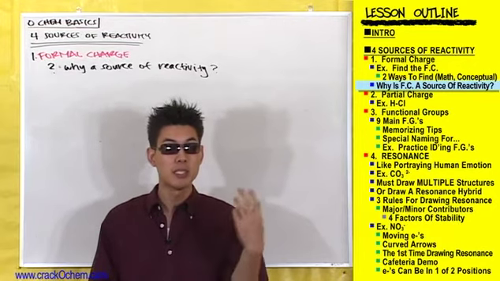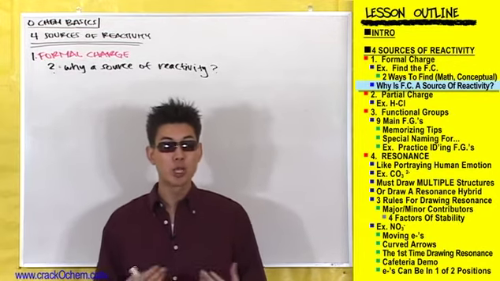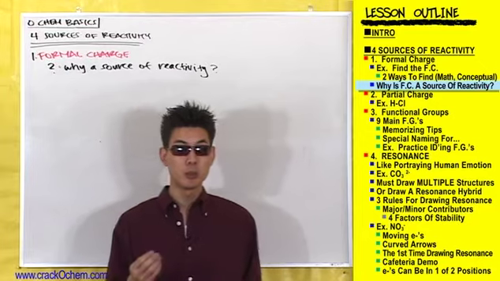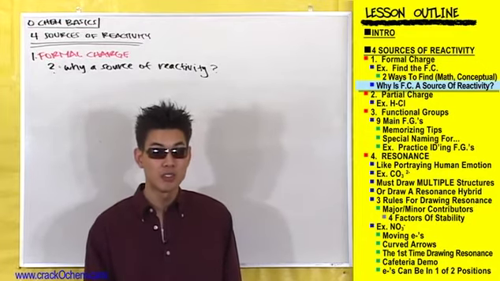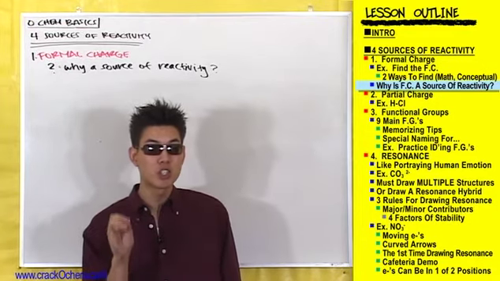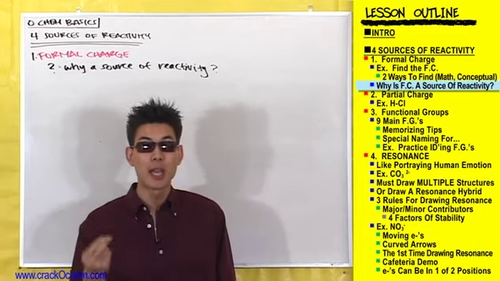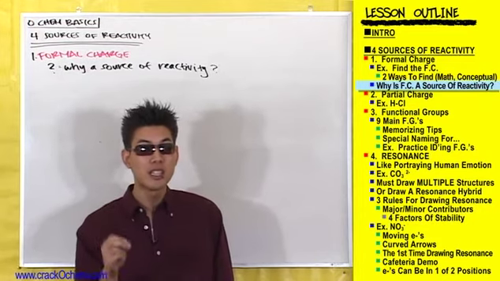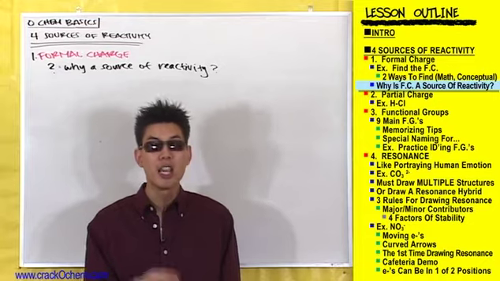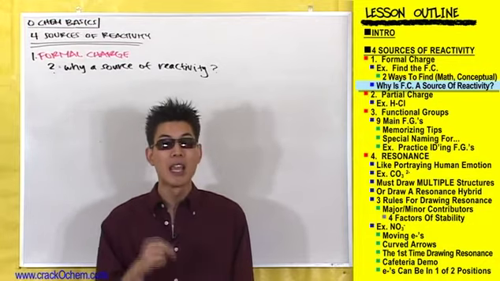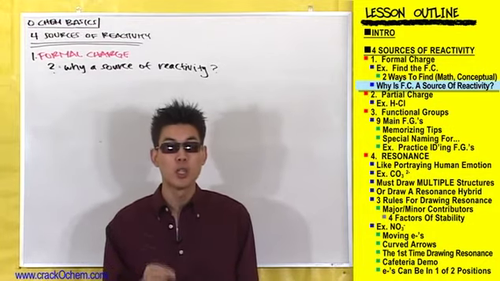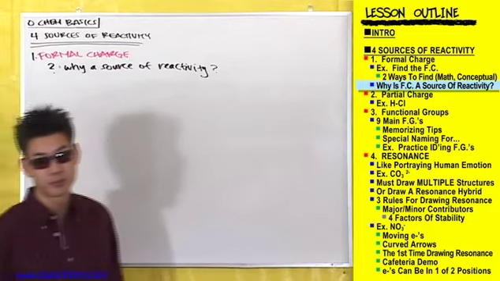All atoms want to be stable, right? A neutral atom is a stable atom, which also makes it low in energy and low reactivity. A positively or negatively charged atom is an unstable atom. A charge is very unstable, making it high in energy and high in reactivity. An atom with a charge on it is going to react, okay?